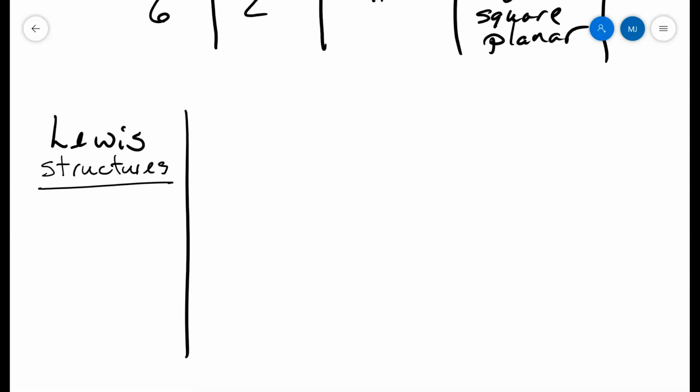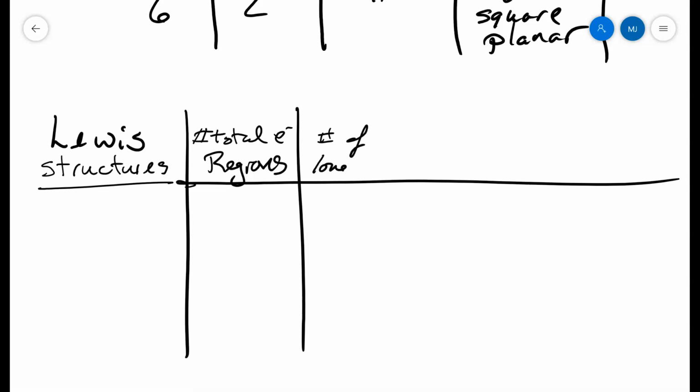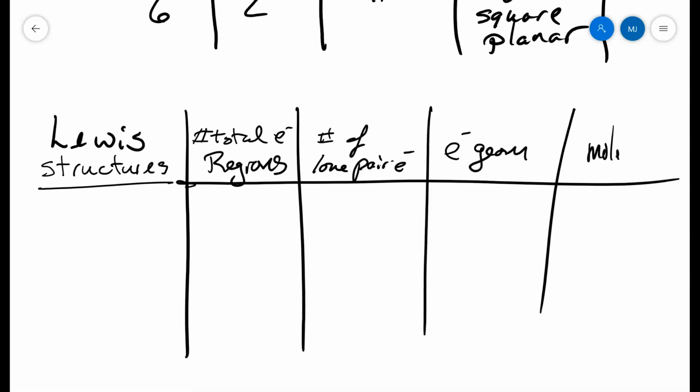And then you're going to do total regions, and then number of lone pairs, and then electron geometry, and then molecular geometry. And you're going to also leave me a column called hybrid orbital, which we teach later.